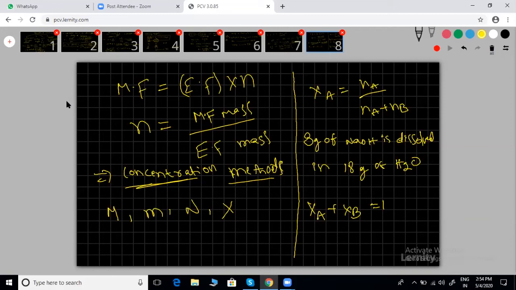Done? So here we can find out number of moles of NaOH.